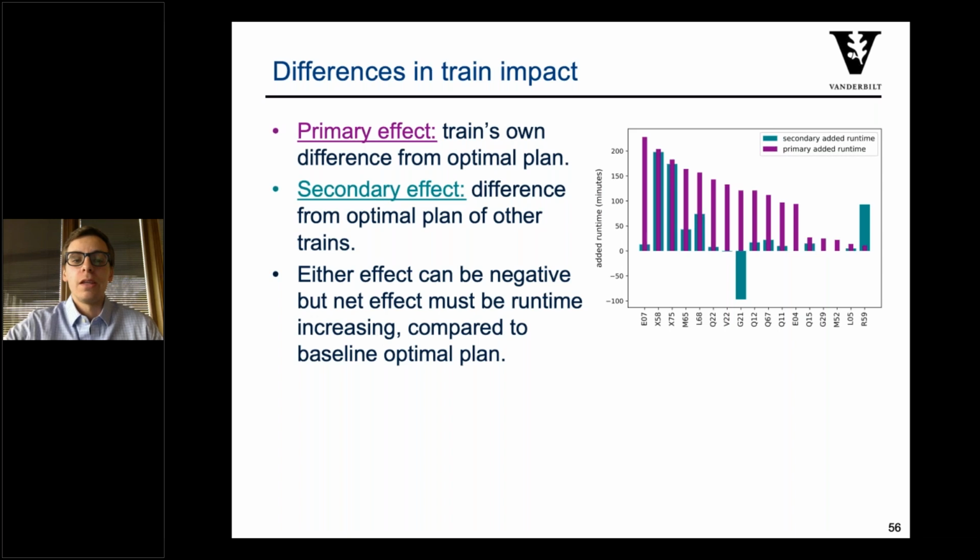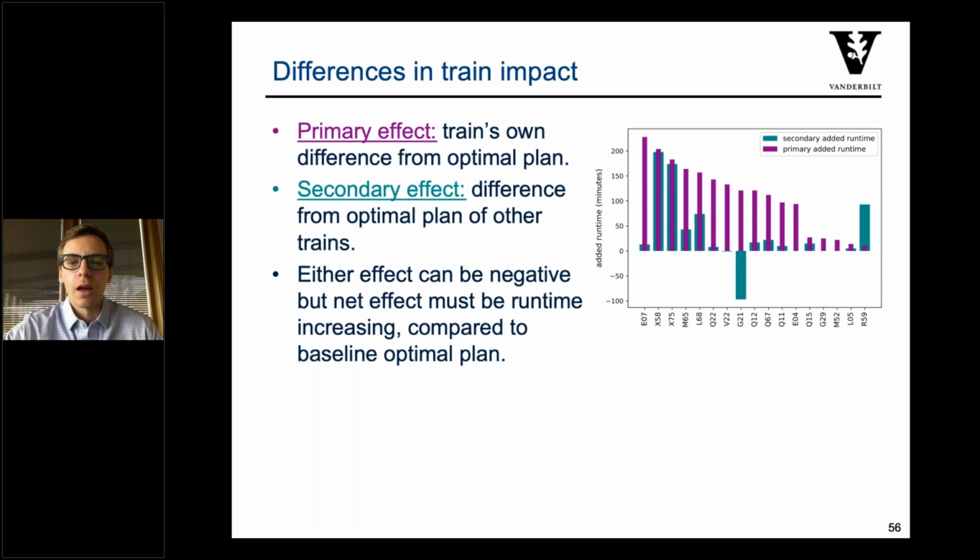Importantly, either effect, the primary or the secondary, can be negative, but the net effect must be that runtime increases or at the very least stays the same compared to the baseline optimal plan, because for an optimization problem, introducing additional constraints can serve only to increase the value of the objective function.